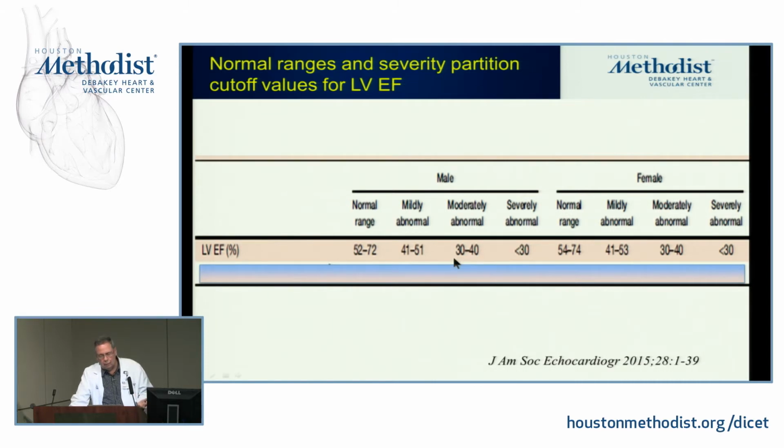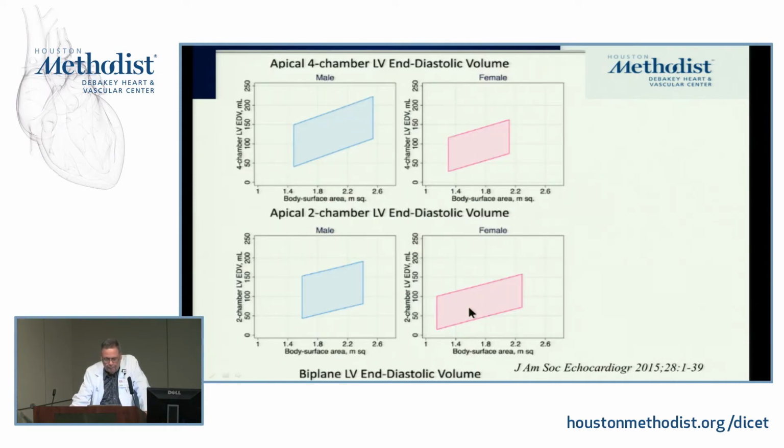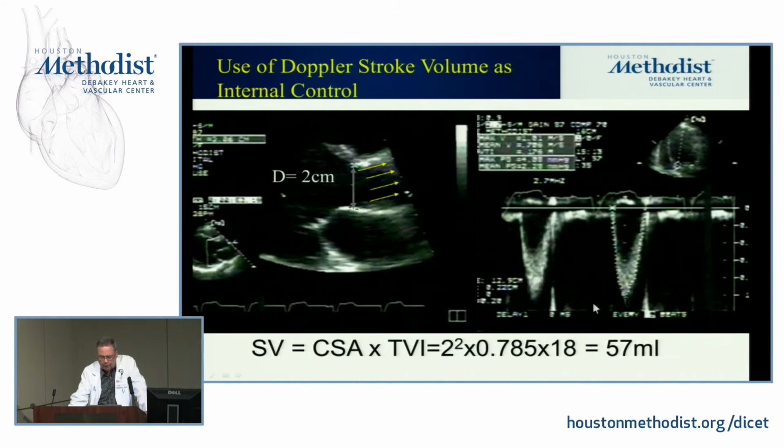We're using right now 35 to 39. We're saying moderate to severe in the low 30s, and we're saying severe under 30. So we might want to readdress that and see whether we want to make any changes or not. And this is for biplane. So these are very nice figures that we have available to use.